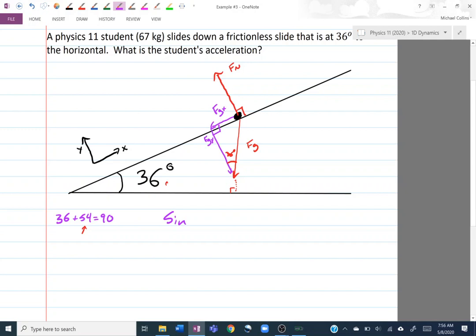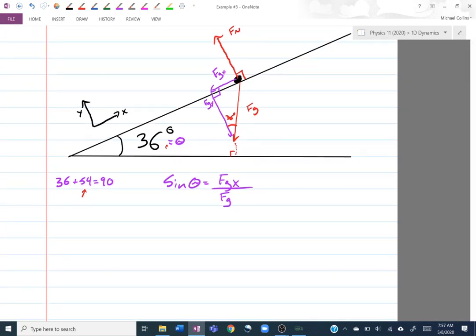The sine of theta, which is 36 degrees, is opposite, FGx, over hypotenuse, which is going to be FG. If your force due to gravity is not the hypotenuse, you have made a mistake. Anytime you are breaking things up into components, the original thing should be the hypotenuse.